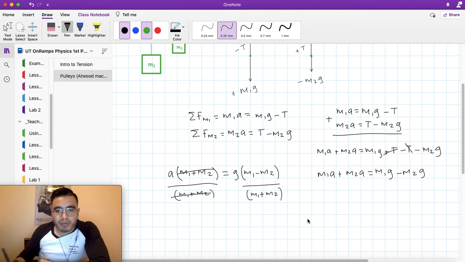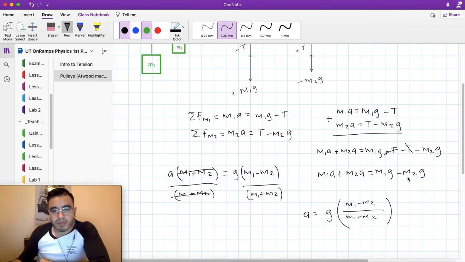Now to solve for a, we can simply divide by this expression over here, m1 plus m2 on both sides. This will cancel, and our equation which describes acceleration will be acceleration due to gravity times m1 minus m2 divided by m1 plus m2. And that is the answer. Not that hard.